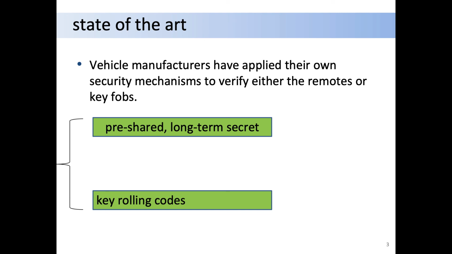That is, the manufacturers of the keyless system will previously store a long-term secret in the memory of the key. And the second is key rolling codes. That is just like the verification codes that we use when we log in on the web. It will keep changing to make it secure.